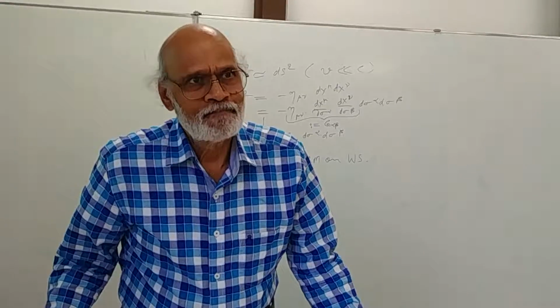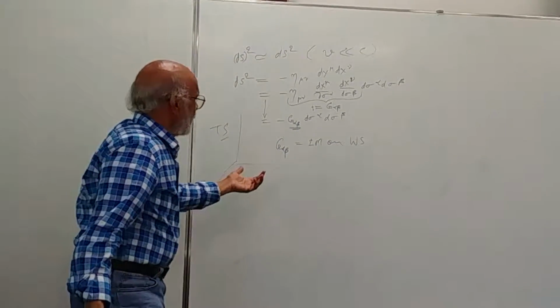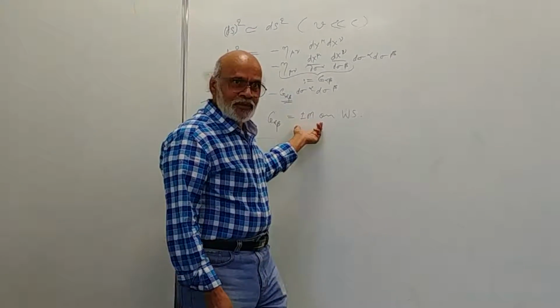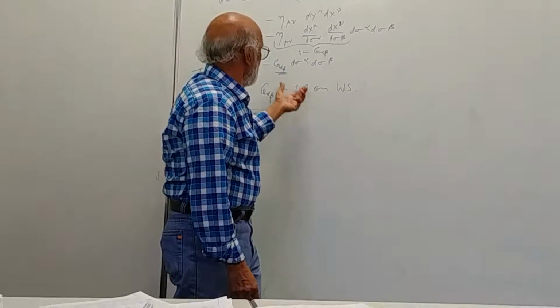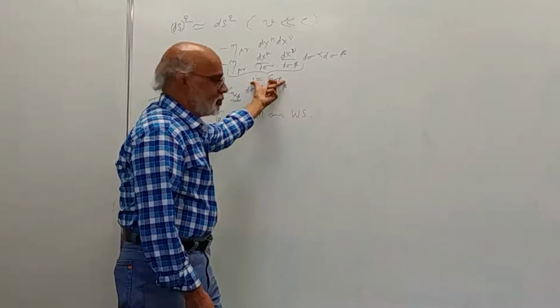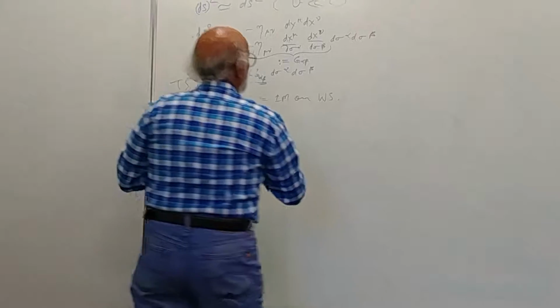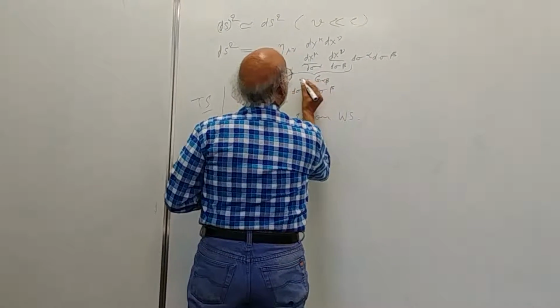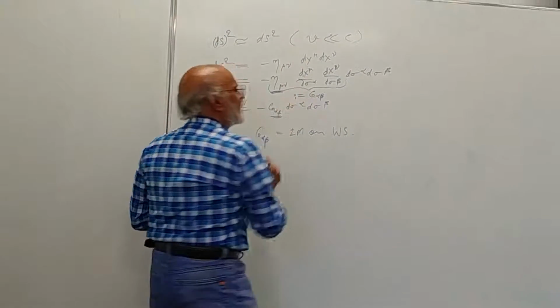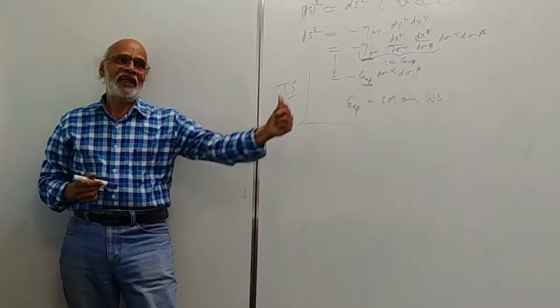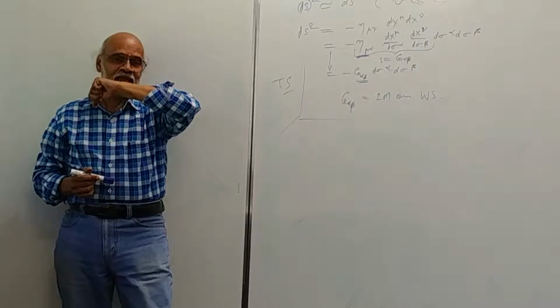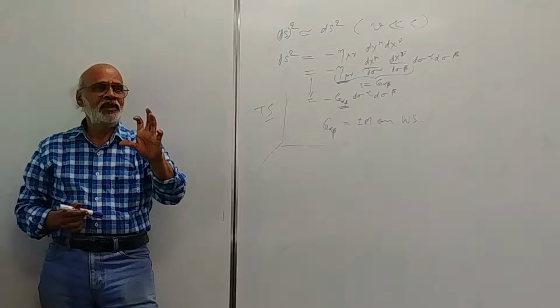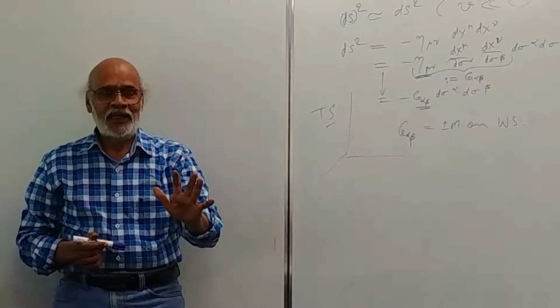And why is it called induced? It's called induced because this g alpha beta is determined in terms of eta mu nu, the metric tensor of the background space. Therefore, this g alpha beta is called the induced metric.